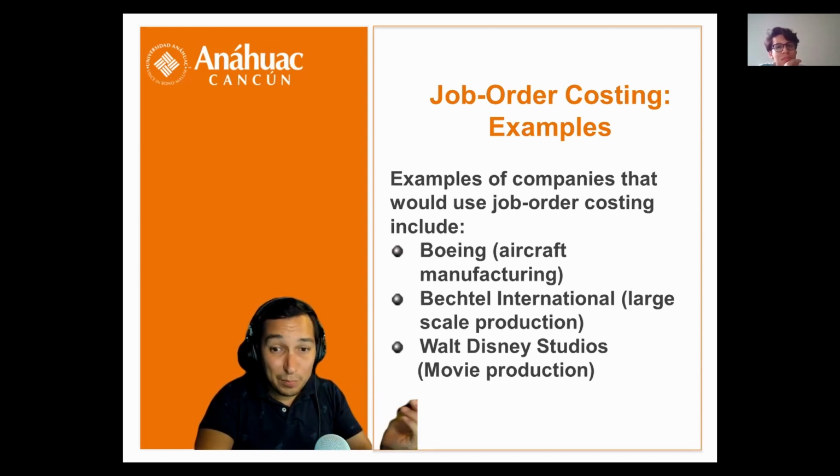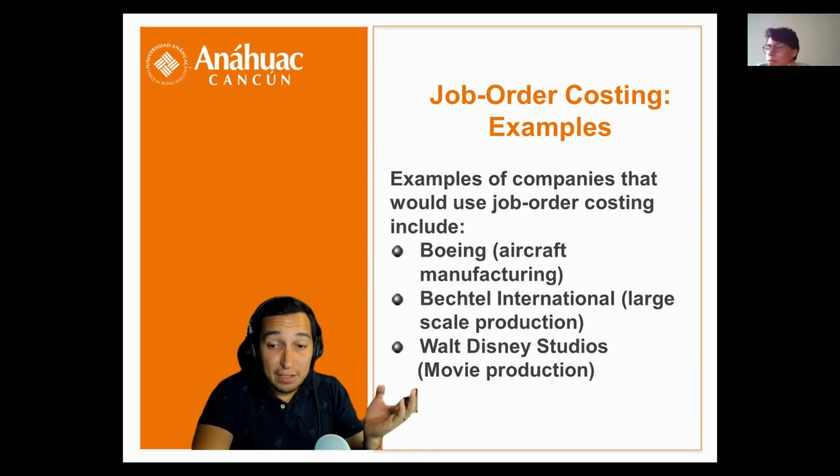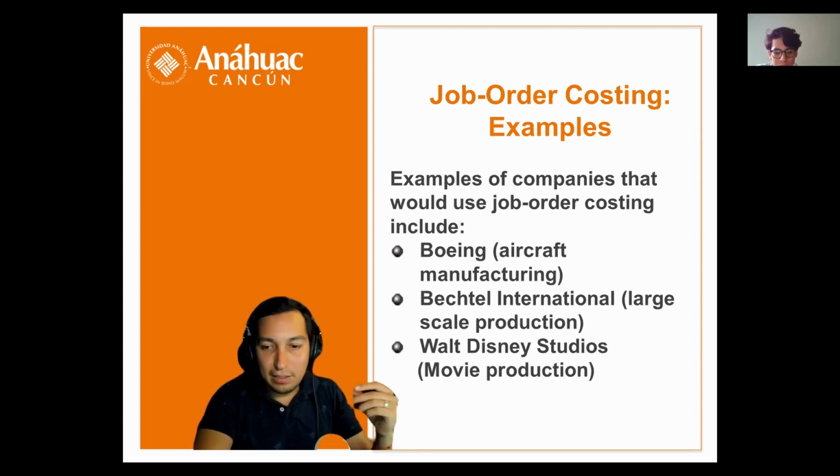And then movie production, like Walt Disney or any other studio, when you make a movie, each movie production process is unique. There are some similarities, but the cost of making an animated film is a lot different than the cost of making Star Wars, or versus making Monty Python, or I don't know what you guys like, Avengers. So obviously these are clearly totally different production budgets.